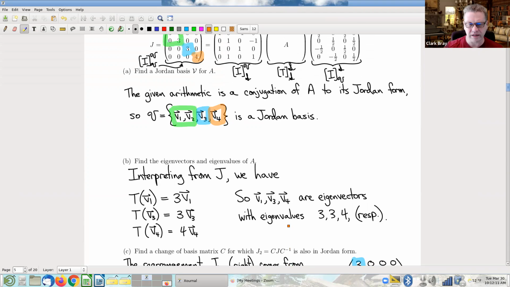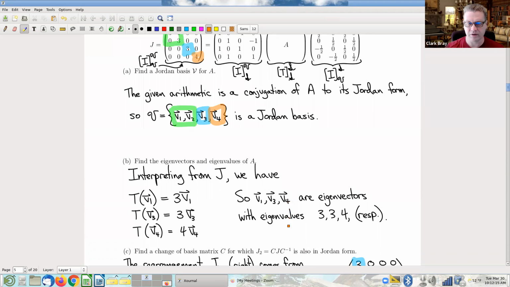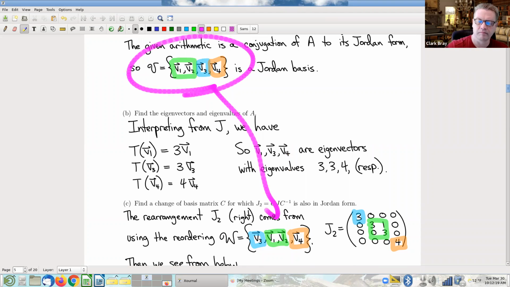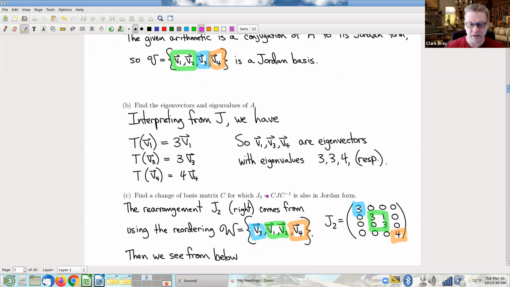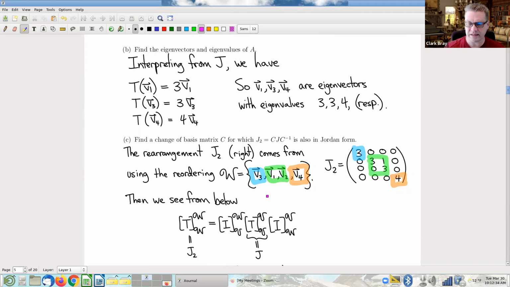Again, all I've done here is rearrange the blocks and correspondingly then reorder the groups of basis vectors to get a reordered basis. So instead of green, blue, orange, we're doing blue, green, orange. Okay, so that's a new basis.